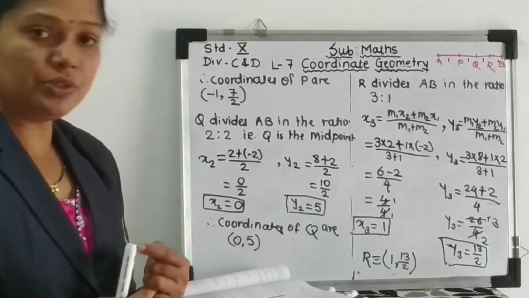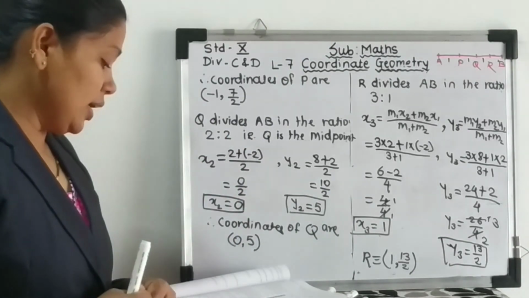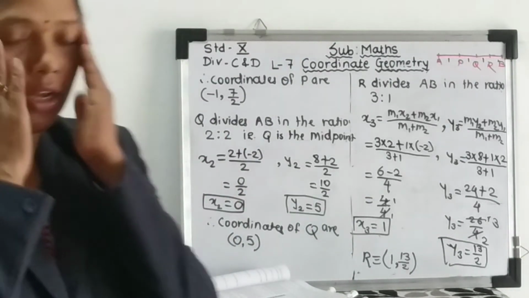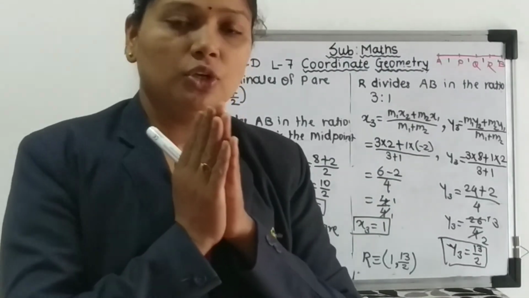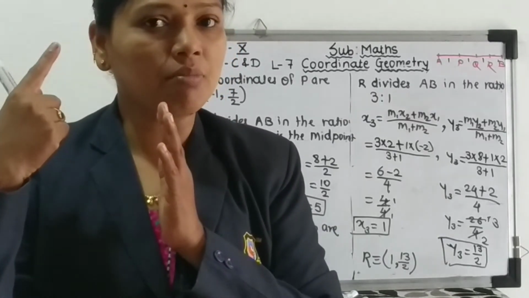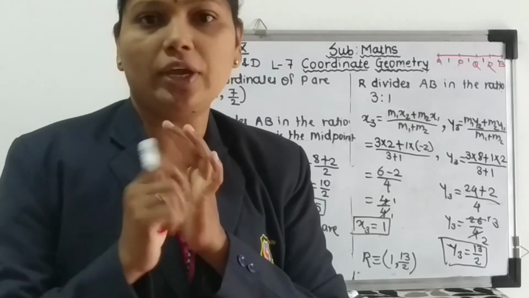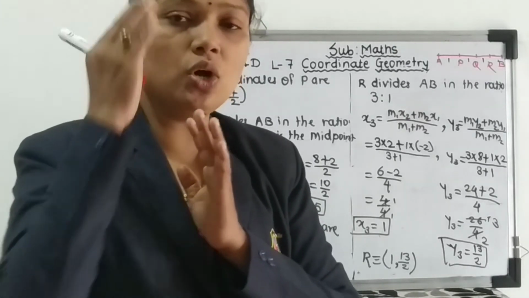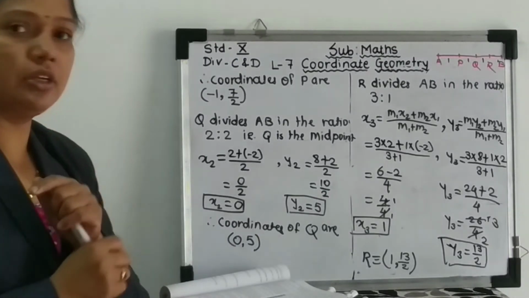Now see, the hint is given in the textbook. If it is asked to find the area of a rhombus, it should immediately come to our mind what the formula of the area of a rhombus is. The area of a rhombus is equal to half into the product of diagonals.